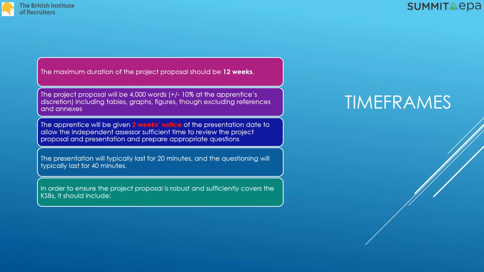Some projects can be done in 12 weeks, but often a long-term project is what they can use towards their KSBs. I'll explain a little bit more in detail. It might come in my next slide, what that project proposal has to contain, and that might show you how it can be met without the project being completely finished.